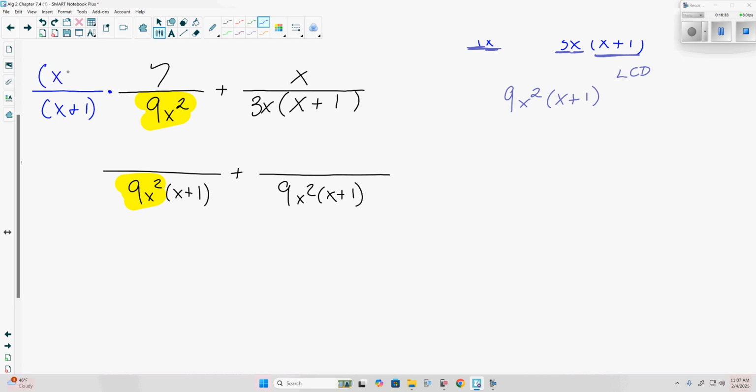But I'm not just going to multiply it on bottom, I'm also going to multiply it on top. Because anything divided by itself is 1. So really, what are we multiplying this by? 1, which is a fancy version of 1. Because if we do this, the bottom 9x squared times our x plus 1 will give us exactly what we want.